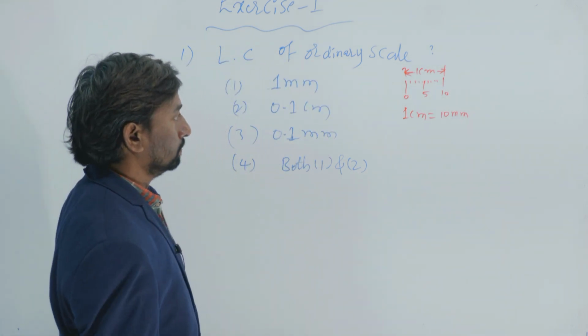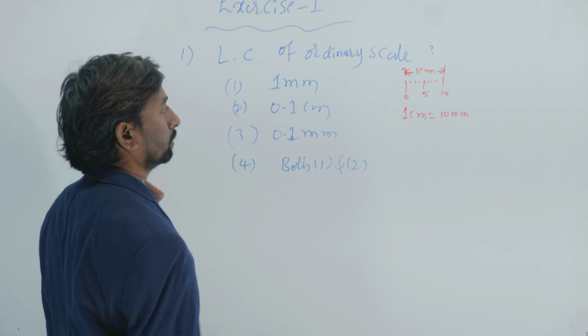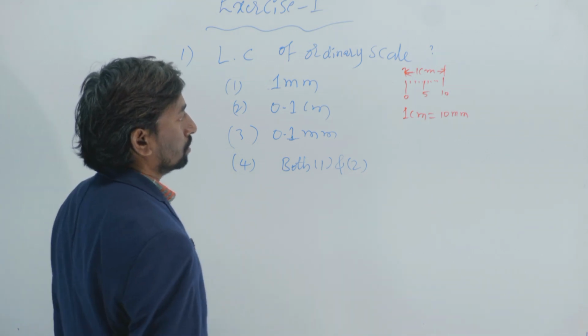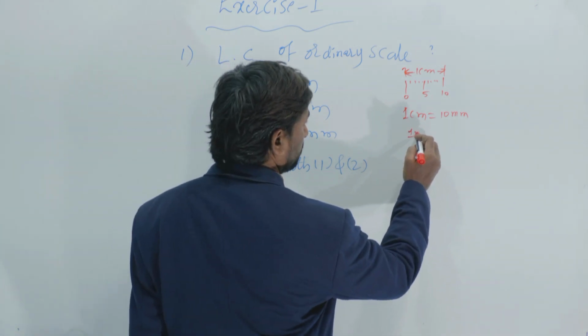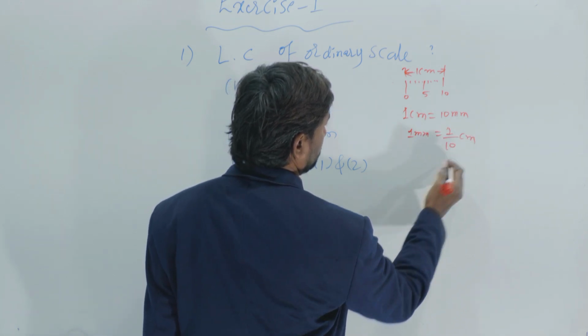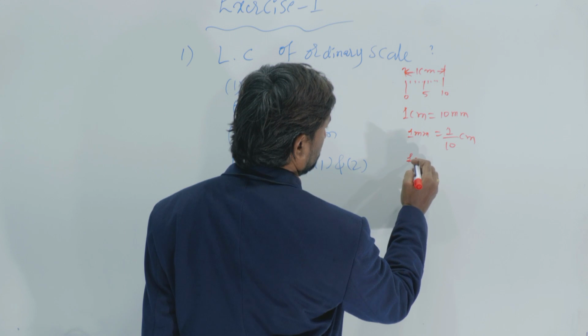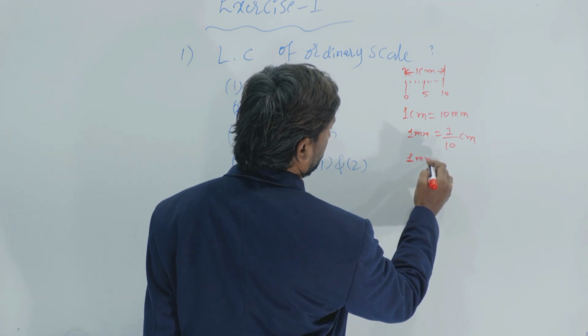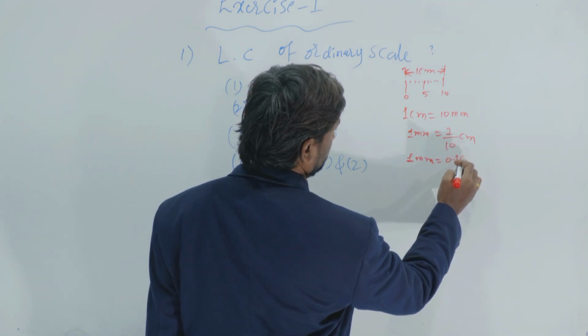Okay, so now 1 millimeter is equal to 1 by 10 centimeters. So the least value in this scale is 1 millimeter, which is equal to 0.1 centimeter.